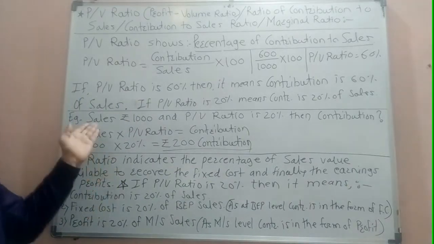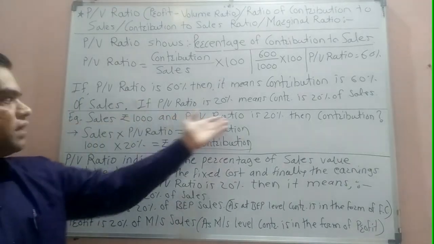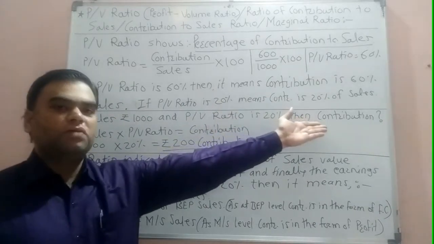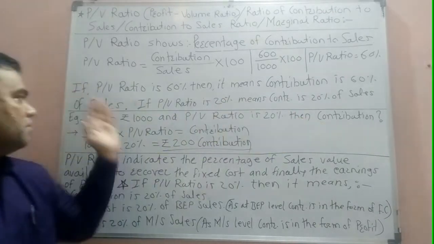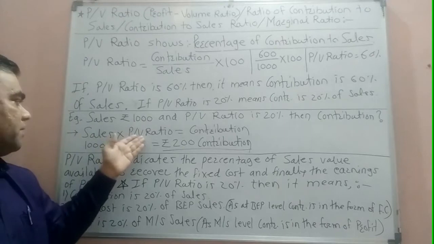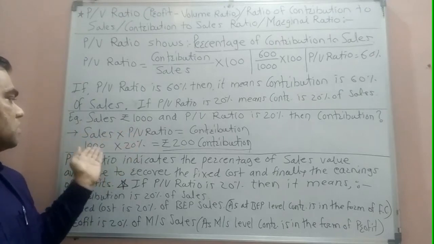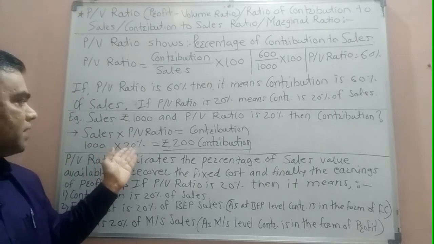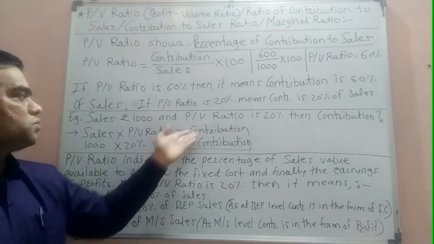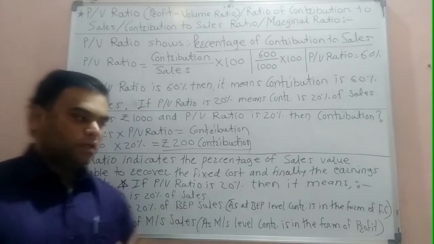We have taken one example also. Suppose sales and PV ratio are given, then we can easily find the amount of contribution by multiplying sales by PV ratio. Sales suppose 1000, PV ratio suppose 20%. So 1000 into 20% PV ratio is equal to rupees 200, which will be the amount of contribution.